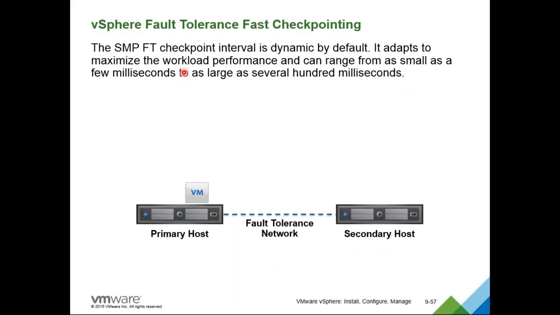It adapts to maximize the workload performance and can range from as small as a few milliseconds to as large as several hundred milliseconds. It means, based on the load of your fault tolerance, if the infrastructure is a small environment, the fault tolerance feature will be enabled on your secondary virtual machines immediately.